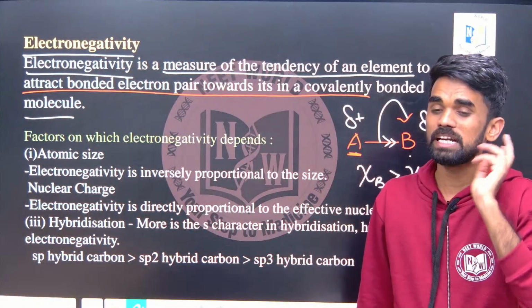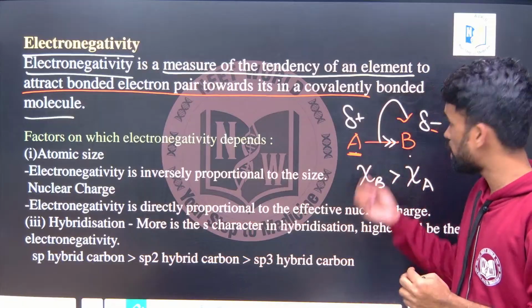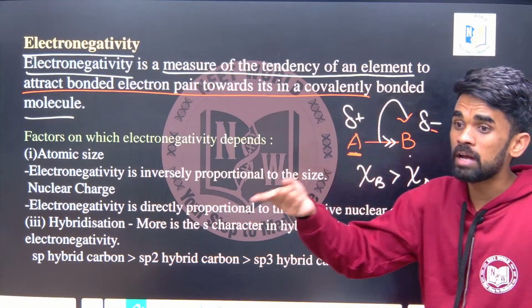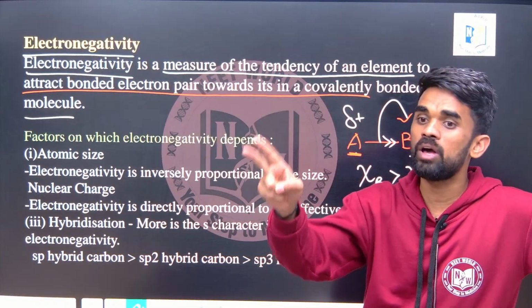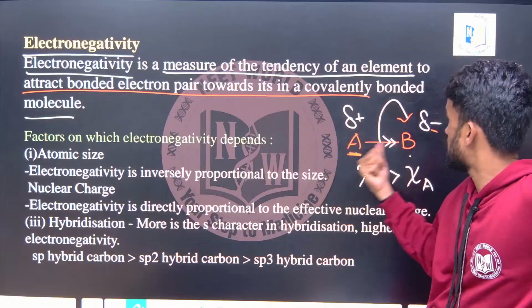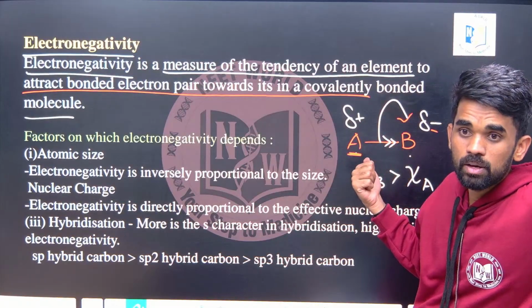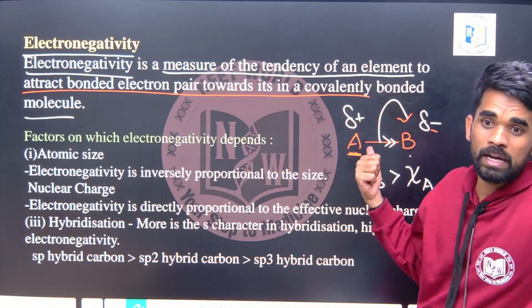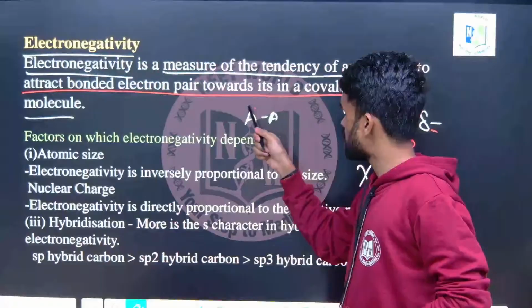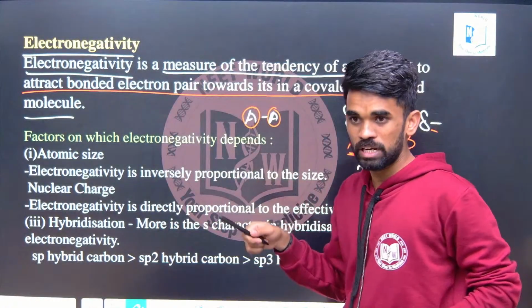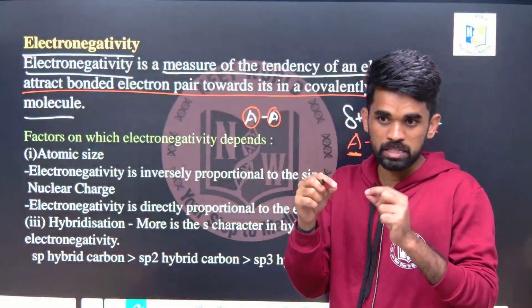Our bond can be considered a polar bond. It's a covalent bond only, but I can say polar covalent. If I have a bond between A and A, what is this bond? Non-polar but covalent, because both atoms have the same electronegativity, so it cannot be polarized. Clear?